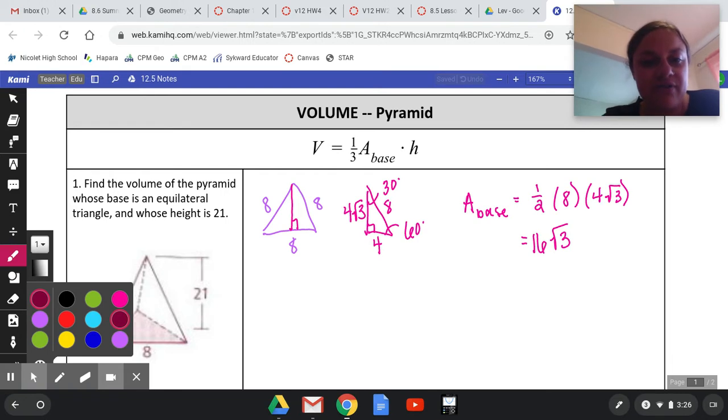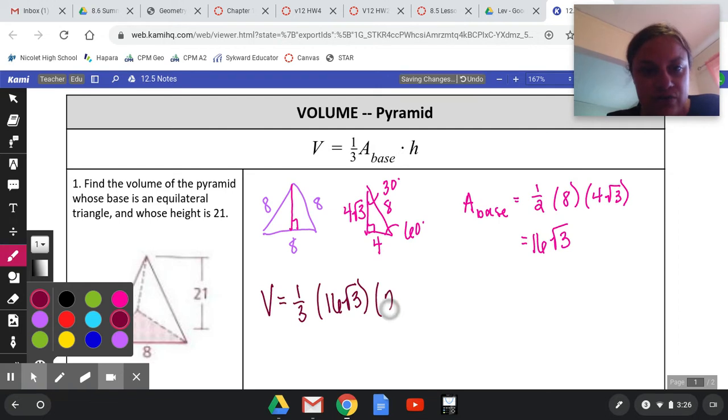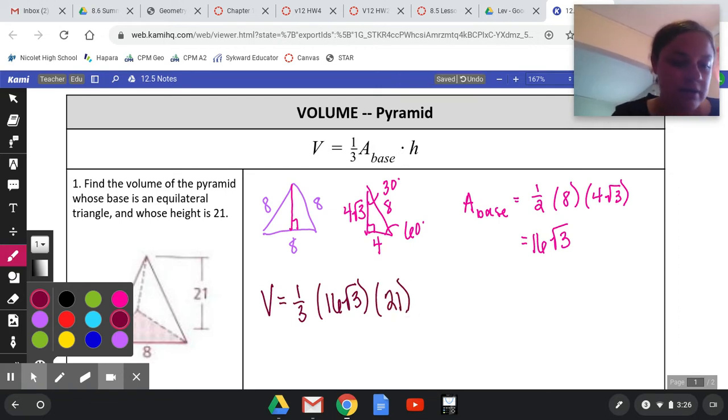So to determine the volume, I take 1/3 times the area of my base, which is 16√3, times the overall height of my 3D pyramid, which is 21. So now 1/3, oopsies.